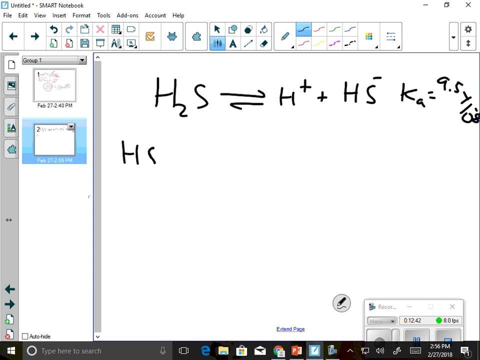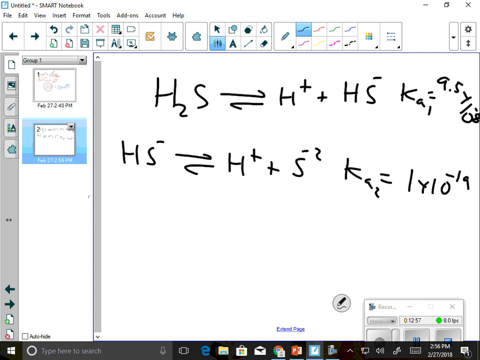And then that HS minus, so it might be called Ka2 versus Ka1, would have a value of 1 times 10 to the negative 19th. The second loss of hydrogen is always harder to lose than the first loss of hydrogen, but if you are to try to figure out what's the pH of a certain solution with that, you have to do the math that we did kind of twice.